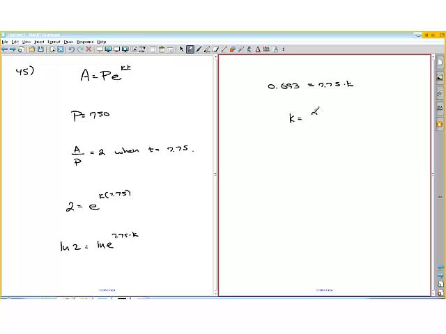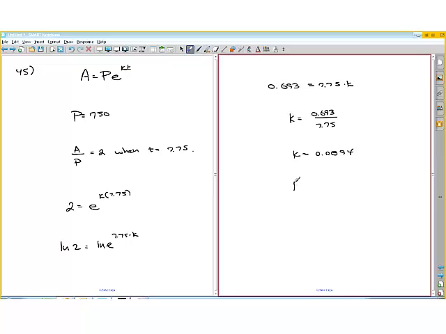So k is equal to 0.693 divided by 7.75, which is 0.0894.